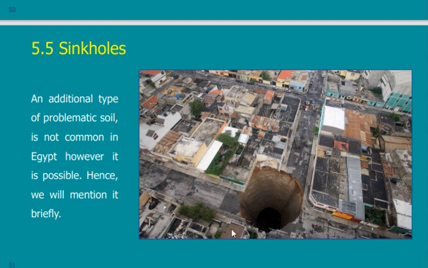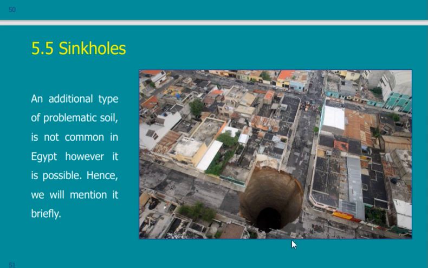You look at this photo, you see here, this is called a sinkhole. Sinkhole means that we have a cavity inside the rock, and the top of this cavity or cave collapsed inside. So what happened? When it collapsed inside, everything on top of the soil will fall.